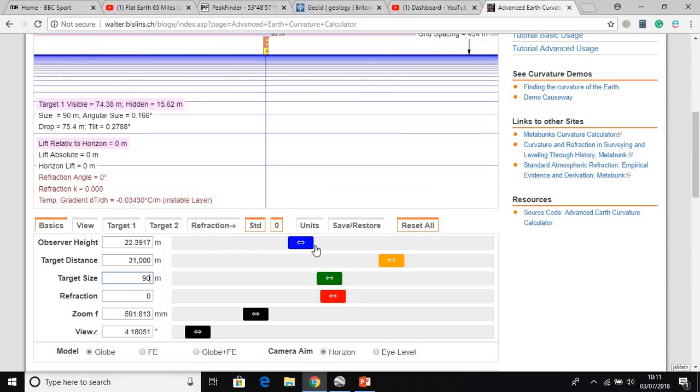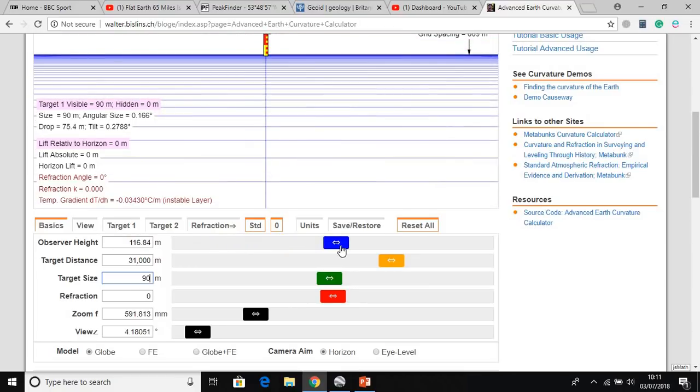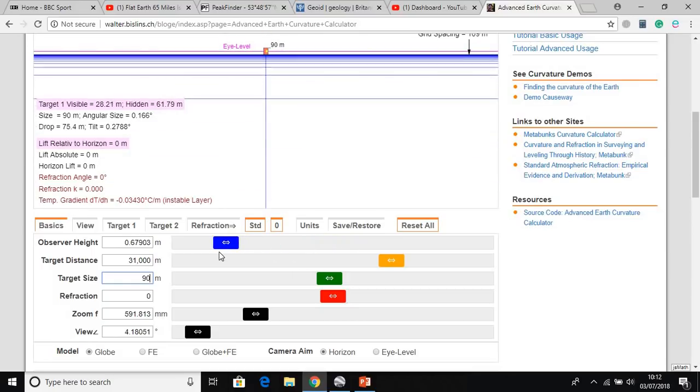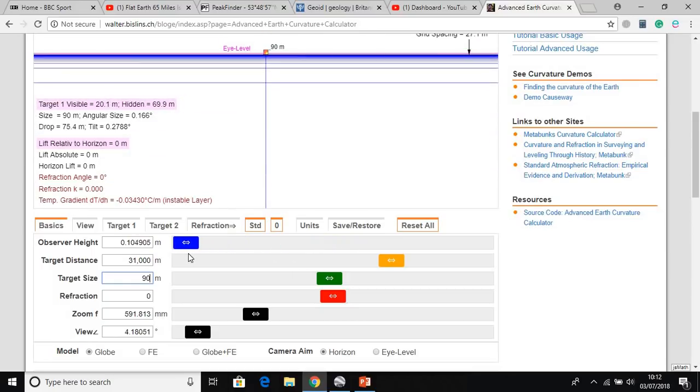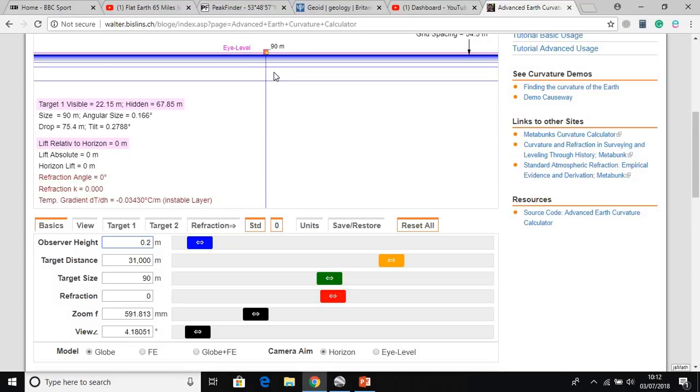And as the observer height rises, the tower rises. So what we're seeing at 0.2 meters above sea level is this much of the tower. Now, that's actually not very much of it. That's only possibly a quarter, possibly a bit less than that.